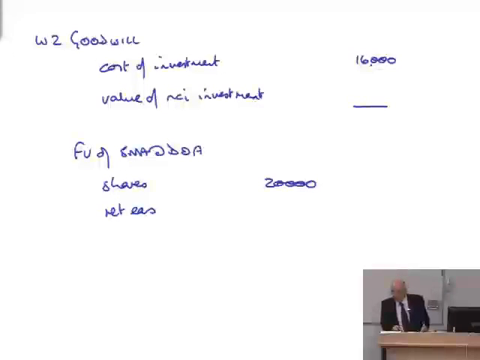The share premium account could very well exist in the exam. We've not come to that problem yet. But retained earnings we've just established were 0 at date of acquisition. So the fair value of the subsidiary net assets at date of acquisition were 20,000.